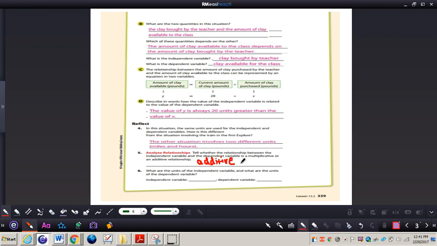So for number 6, what are the units of the independent variable and what are the units of the dependent variable?